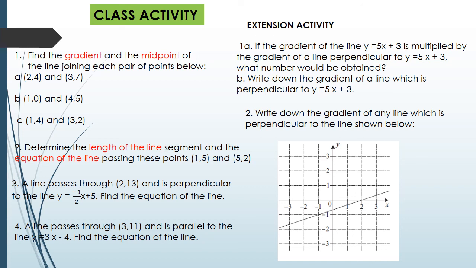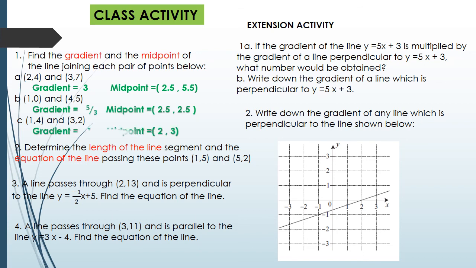Good. Having done the exercise for 10 minutes, you can now continue to play the video. So when you continue, you realize that the gradient for the first one is 3 and the midpoint. Now you check your answers to be sure you are right. If your gradient is correct, you have a point.